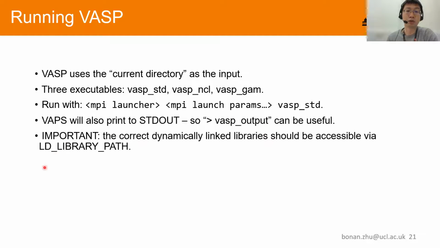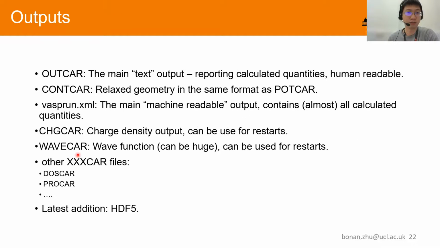It's also very important to correctly load the libraries that were linked to the specific VASP executable. So do not expect to simply type this command and run. Sometimes it will run, but sometimes it will suffer numerical instabilities if the wrong libraries are loaded. It can be quite sensitive to those settings. In terms of the output, VASP mostly writes output in plain text as well.